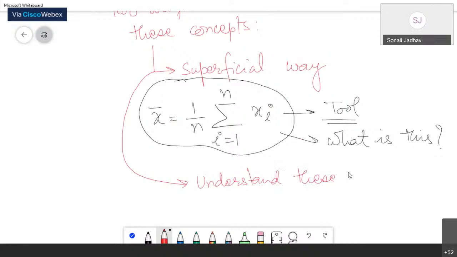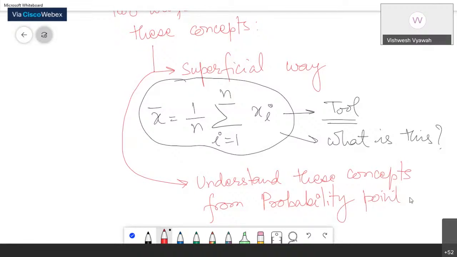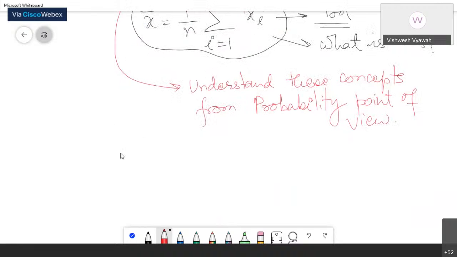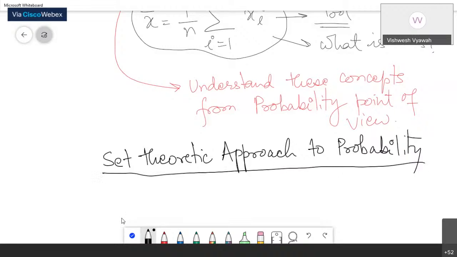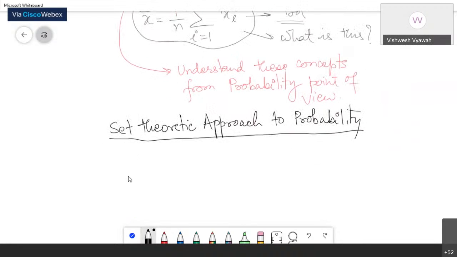We are going to understand these concepts from the probability point of view, and in that too we are going to go ahead with something called the set theoretic approach to probability. We are going to understand this set theoretic approach, and from there we are going to understand all these things.